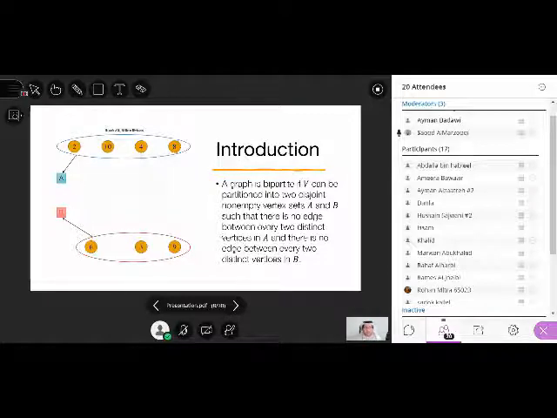They're not adjacent to each other whatsoever. Same thing goes with B. And since we have these two sets, we can call them bipartite.